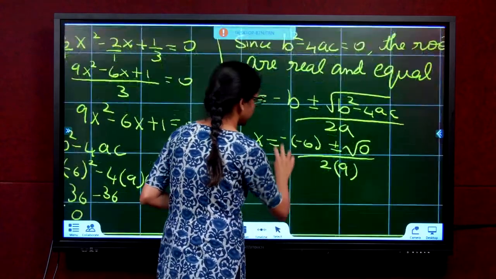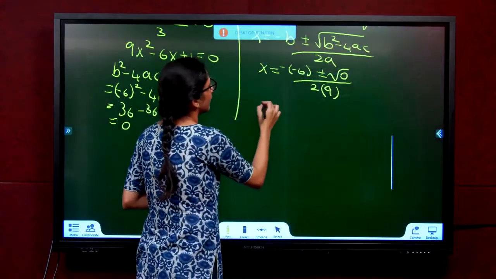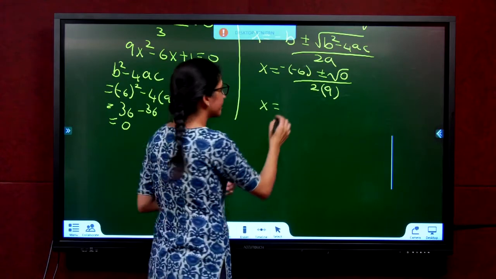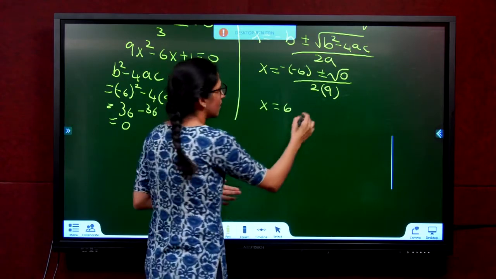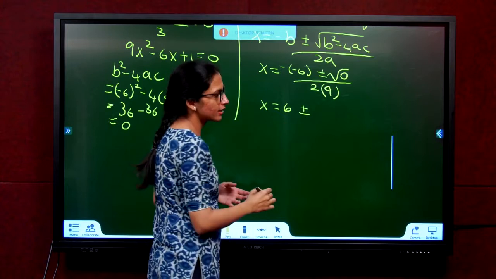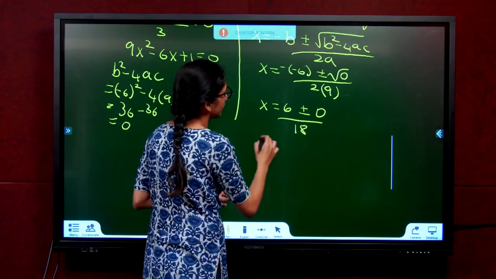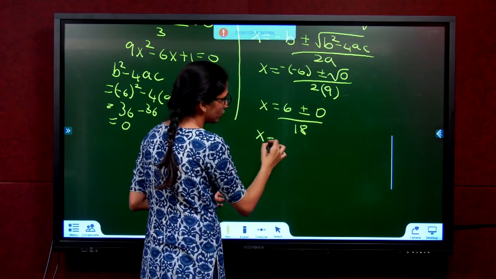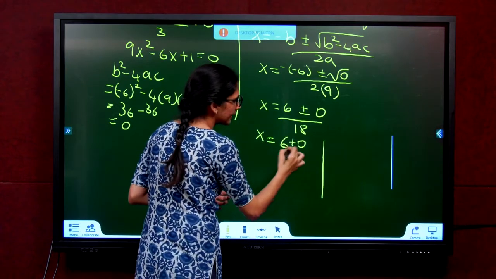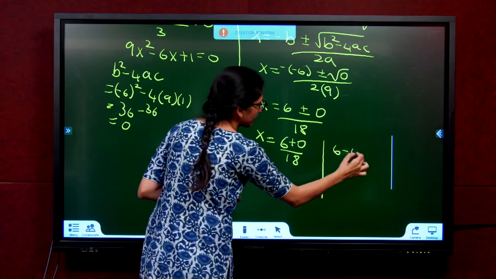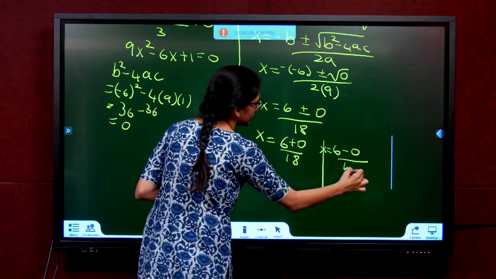So now what happens? x equals minus into minus plus. So it becomes 6 plus or minus root 0 is 0, 2 into 9, 18. So x is, we have two conditions here. 6 plus 0 by 18, 6 minus 0 by 18.